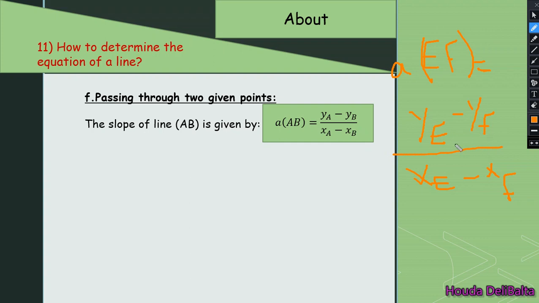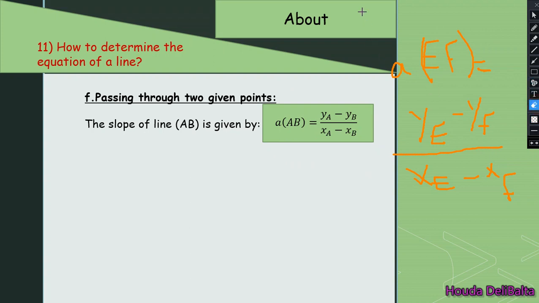Never mind what point is first, but what matters is that Y, the ordinates, should be in the numerator and the abscissa should be in the denominator. So you have to keep this rule in mind.